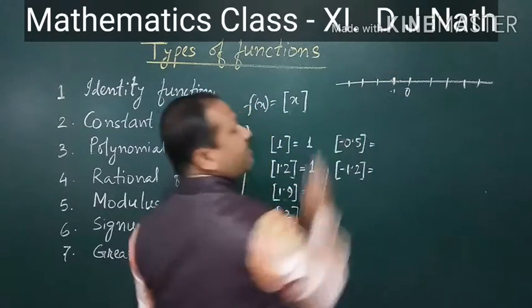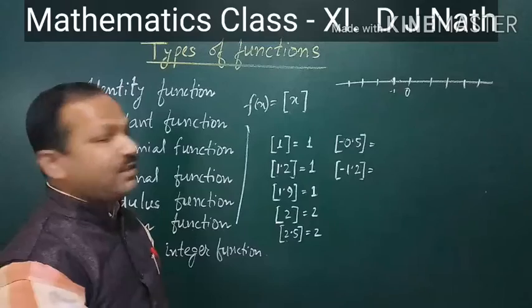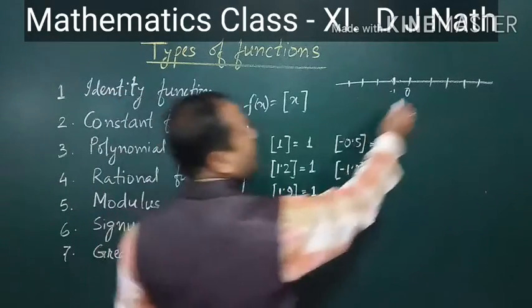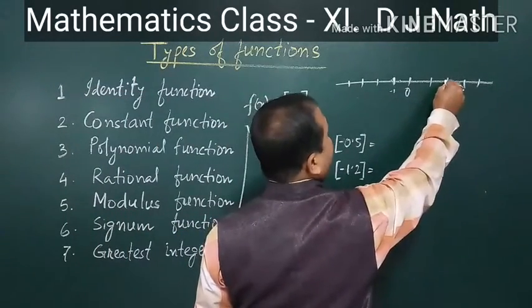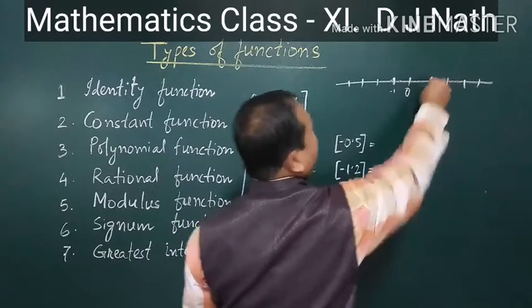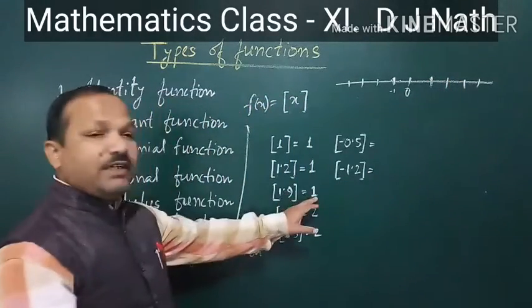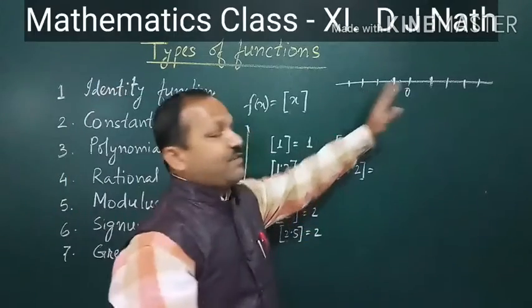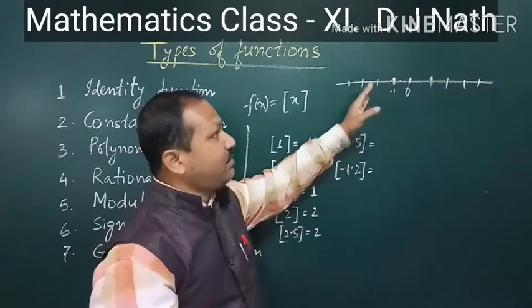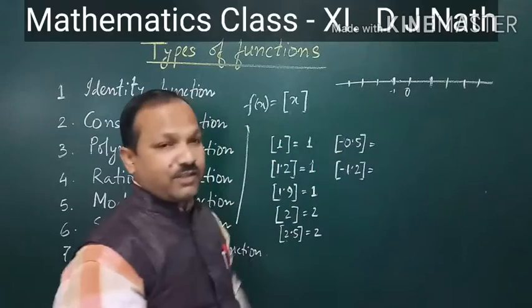Always the left side one will be the integer. In bigger numbers also, if you see 1.9, it is near 2, but the integer is the previous one, which is 1. Always the integer on the left side, less than the number, will be considered.